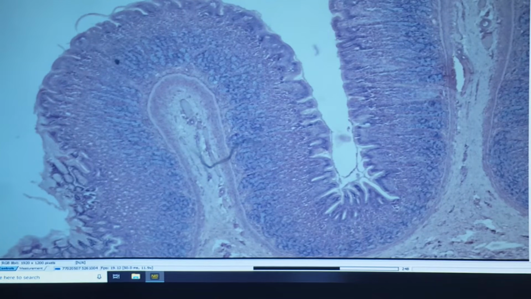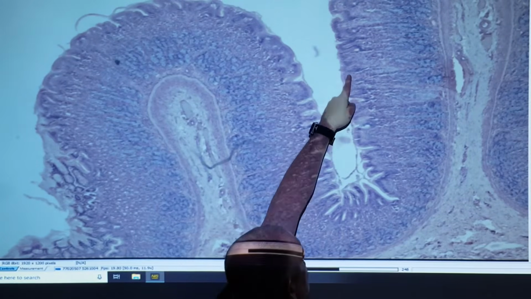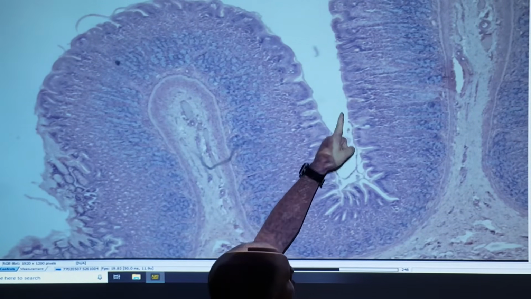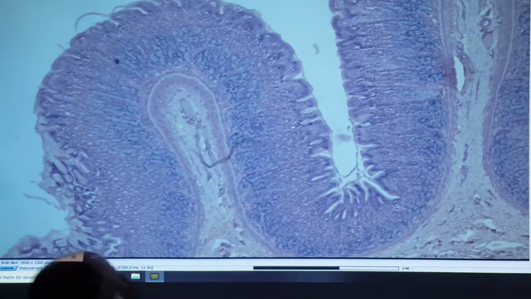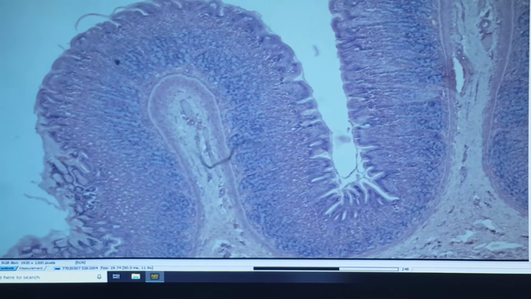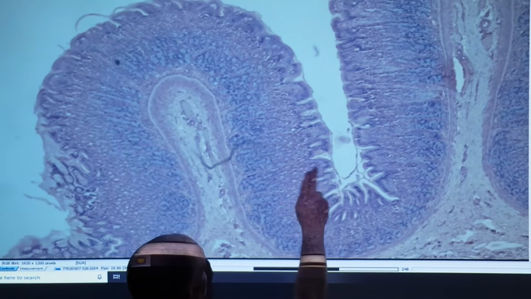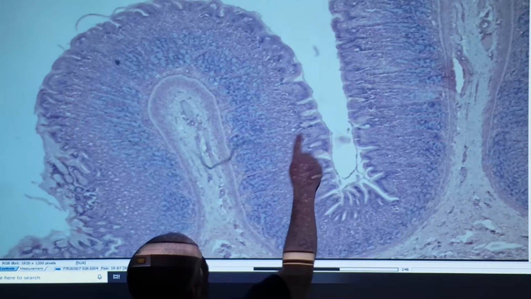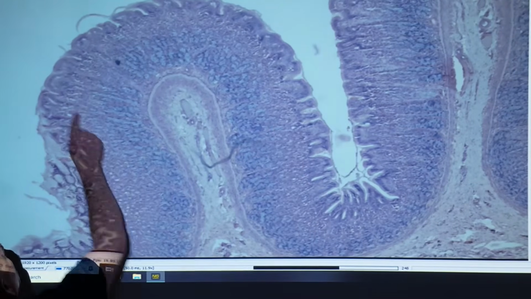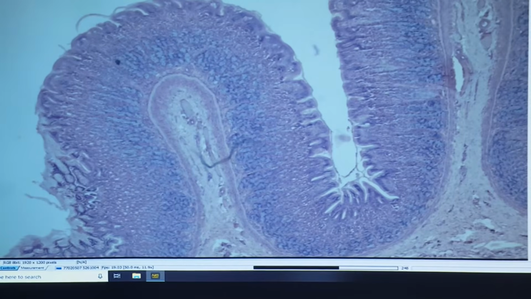On scanning power, I can see a single one of the rugae, a rugus right here. Another one over here, these folds in the wall of the organ. I can even see a few gastric pits. Most of them are so narrow as to almost be unrecognizable as a pit.